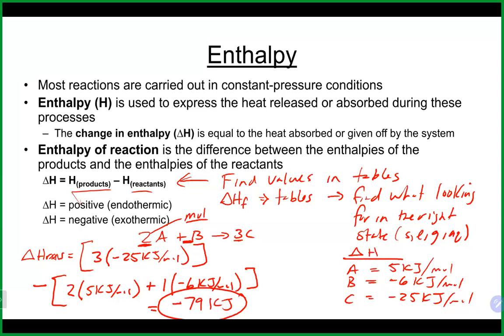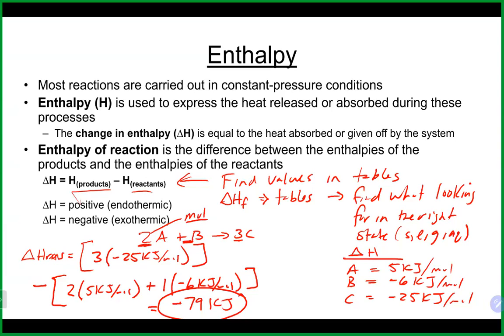And this would be, again, the difference between our products and our reactants, where we ended and where we started. In this example, would this reaction be endothermic or exothermic? It would be exo. The number doesn't matter. It's actually the sign that we see here. So this would be one where overall energy is going to be released from this reaction as it takes place.